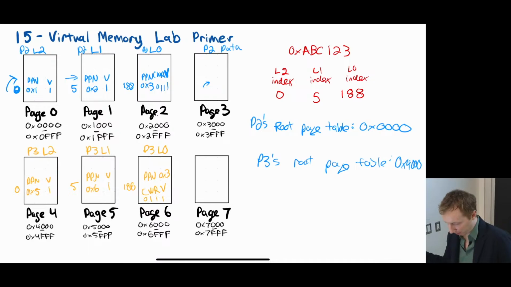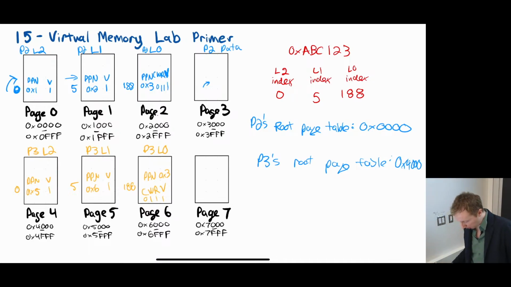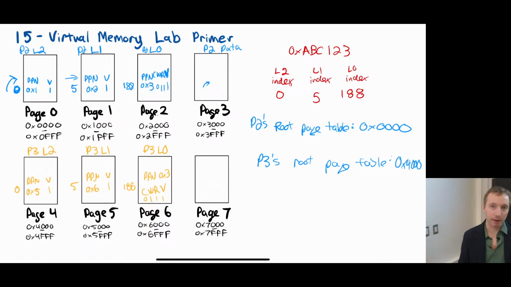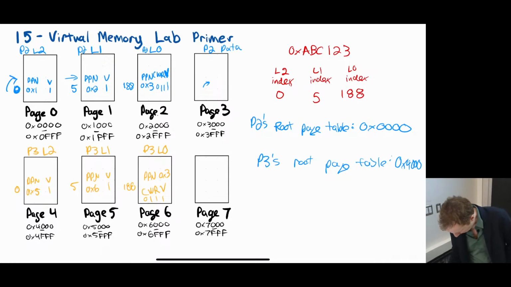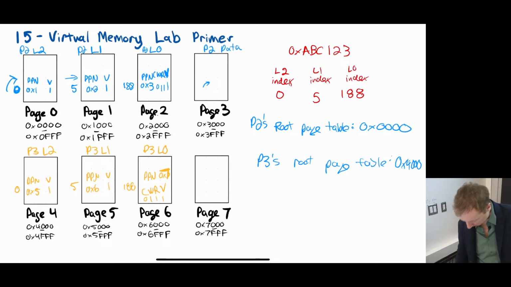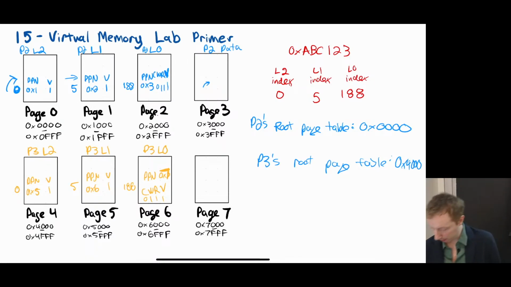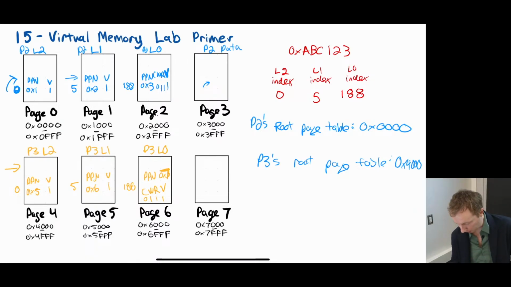But this is slightly better. So if I want to make it completely independent, well, in L0 for process 3, I should probably point to a new page, right? Like this. And then if I do the translation, I'd go here, to here, to here, to here.